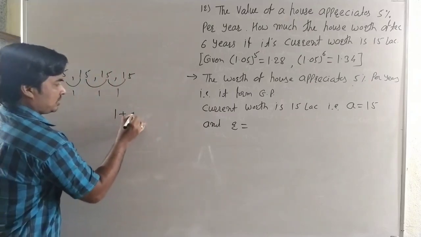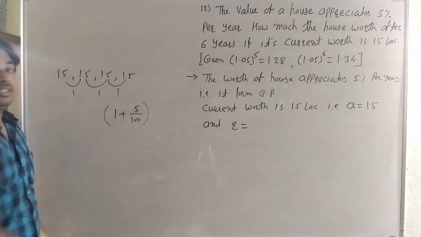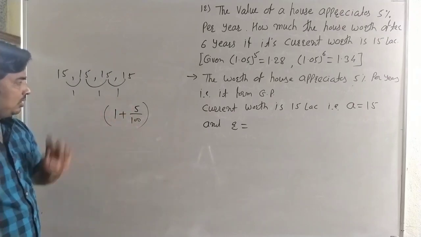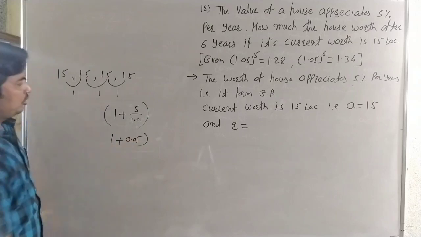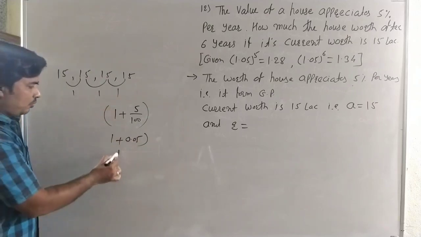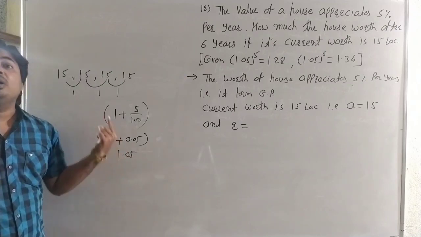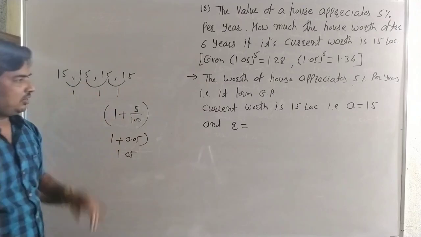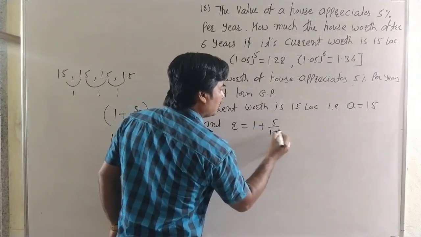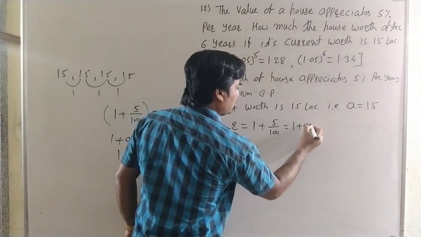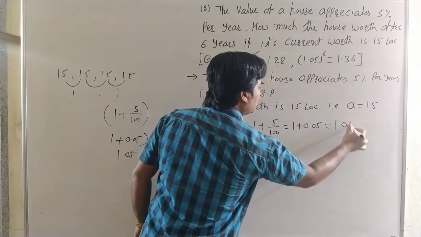That is 1 plus 5 upon 100, the ratio for the increase. 1 plus 5 upon 100, that means 1 plus 0.05, which is 1.05. It is the common ratio for the increase. That means R is 1 plus 5 upon 100, that is 1 plus 0.05, and it is 1.05.